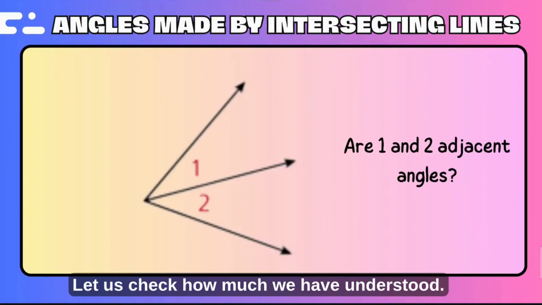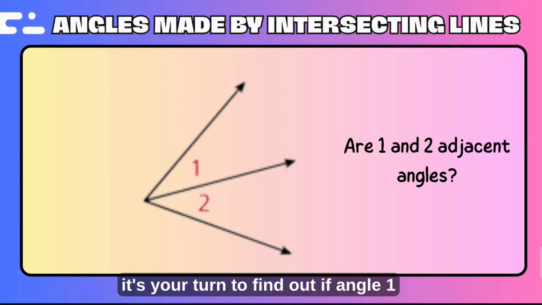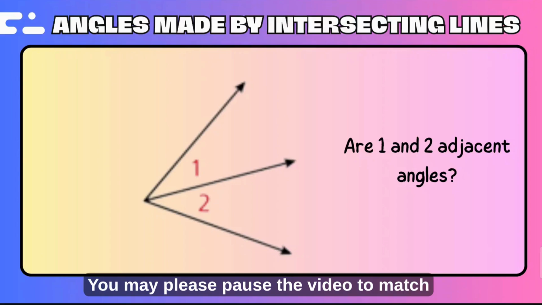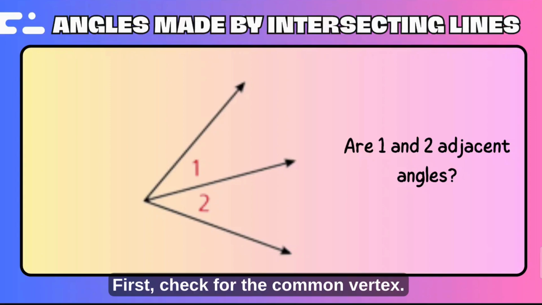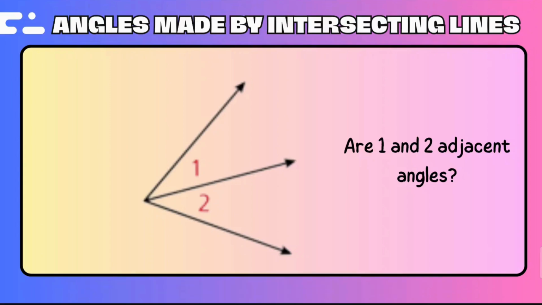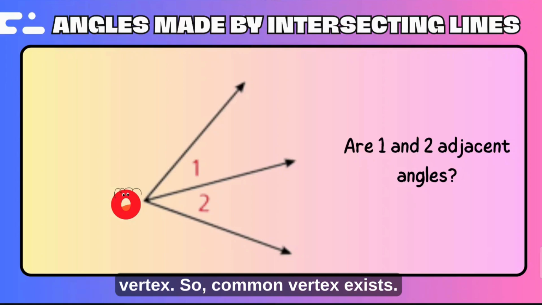Let us check how much we have understood. Now it's your turn to find out if angle 1 and angle 2 are adjacent angles. You may please pause the video to match your learning pace. First, check for the common vertex. Does it exist? Both angles are getting formed at the same vertex. So common vertex exists.